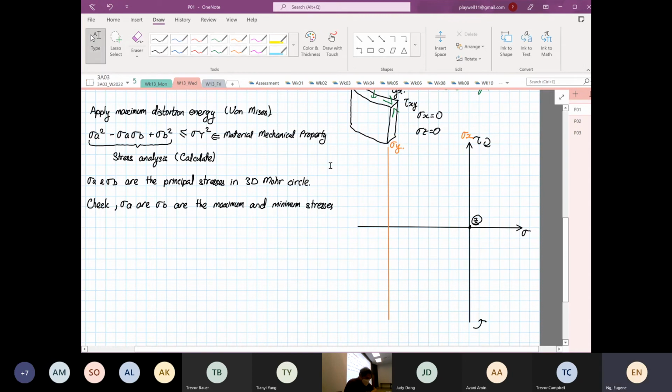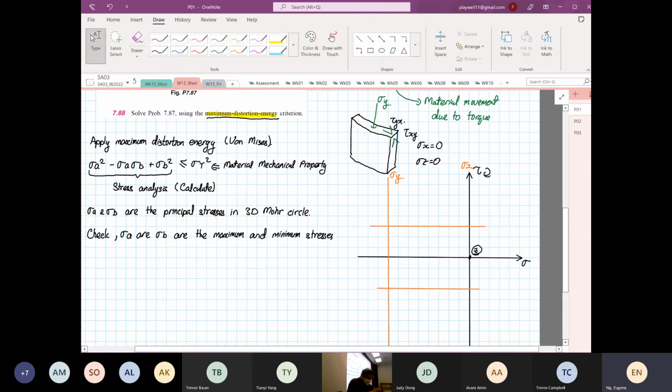And then we are going to have a shear. Have another shear. So if you look at, so this is our point X, point Y, and this is our point Z, right? So we know that point Y is over here because the element will rotate clockwise due to the shear.